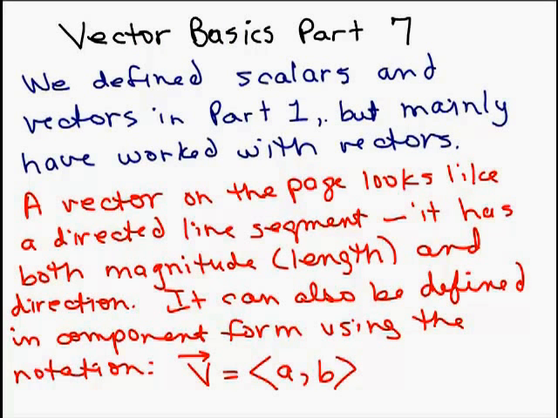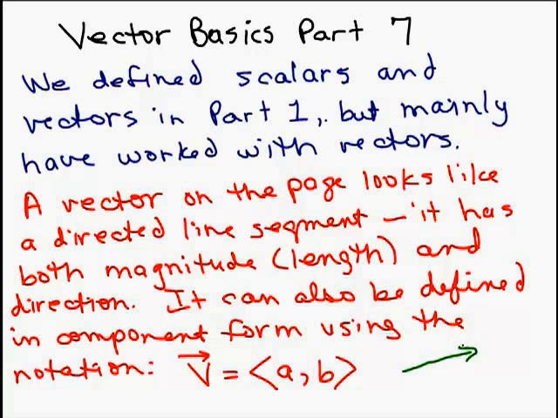This is part 7 of Vector Basics, and in part 1 we defined scalars and vectors, but we've been mainly working with vectors, so we've been looking at vectors on the page which look like directed line segments. In other words, they look like they have some arrows, something like this. Down here in green, it has a magnitude, which is the length of the vector.